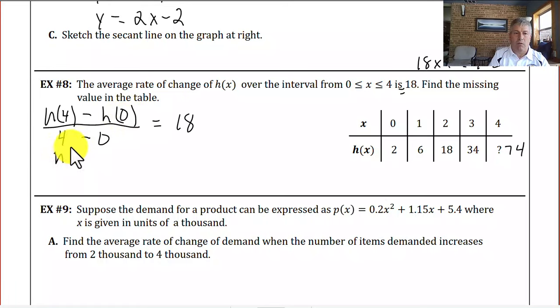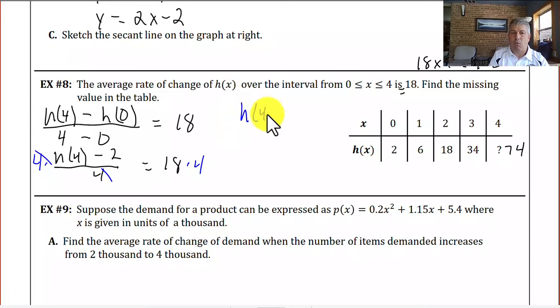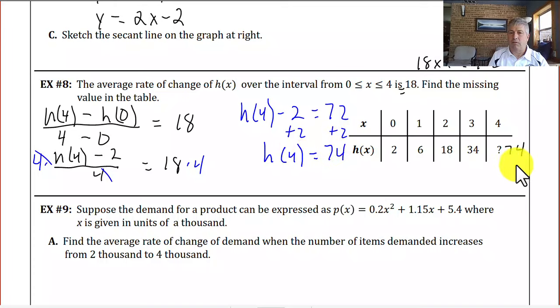So we can do h of 4 minus 2 over 4 equals 18. I'm going to multiply both sides by 4. There's our 18 times 4 that we had a few minutes ago. And we get h of 4 minus 2 equals 72. We add 2 to both sides. We get h of 4 equals 74.